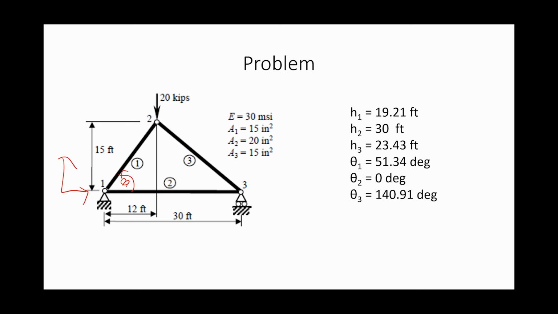Member 2 is horizontal, and that is theta 3, not the interior angle. Okay, so you have to rotate them all the same direction, either clockwise or counterclockwise, and typically we use counterclockwise.